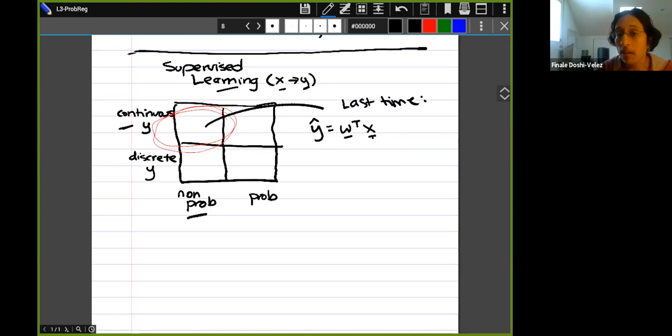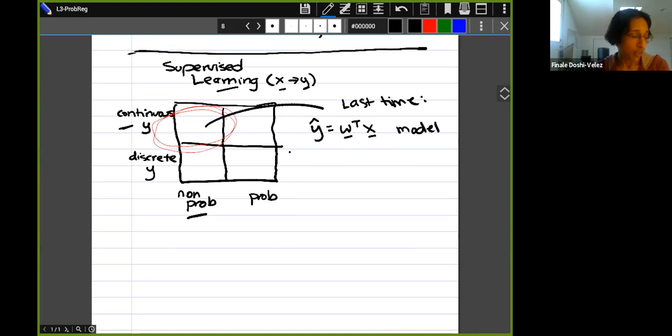But one way or another, you have some features. And for now, I'm just going to call them X. Multiply by the weights. It's a linear combination, gets you the output. And in this particular form of notation, the bias term is being incorporated into the X. And so this was our model.